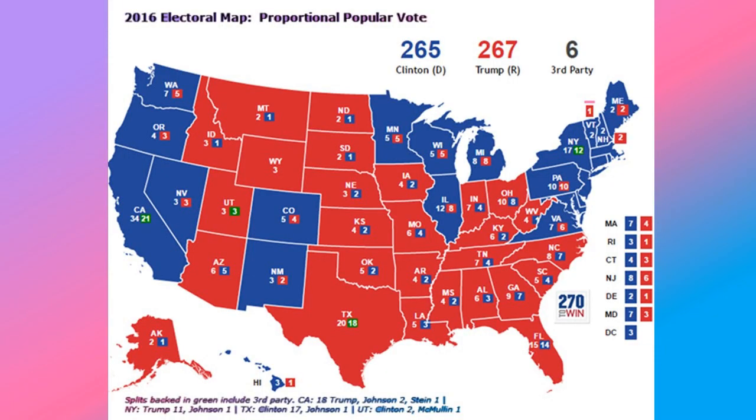Trump got 267, and the third party got 6 votes. Now, here's the problem. Trump's vote total, even though it's more than Clinton's, is not 270. So in this election, no candidate would get a majority of the electoral votes. This election would have resulted in the House of Representatives deciding who the president is.